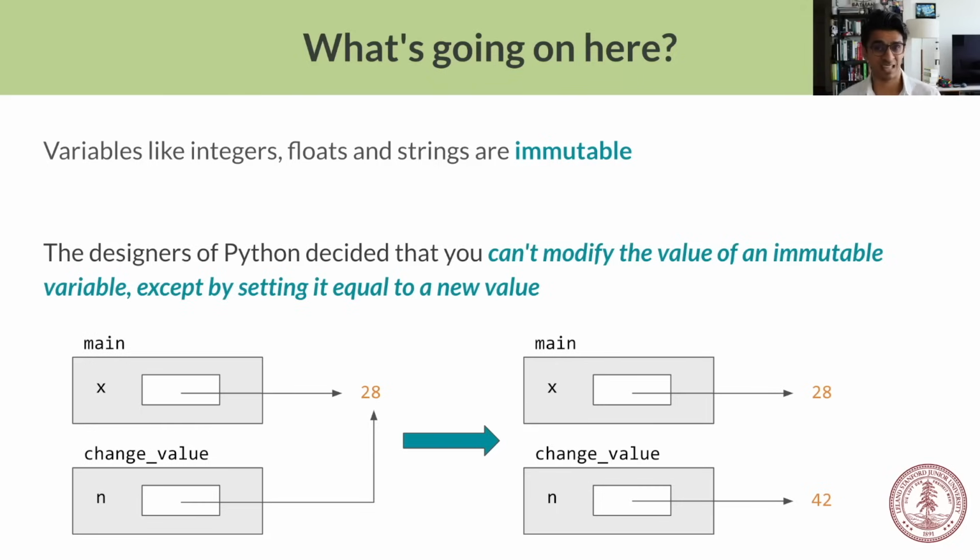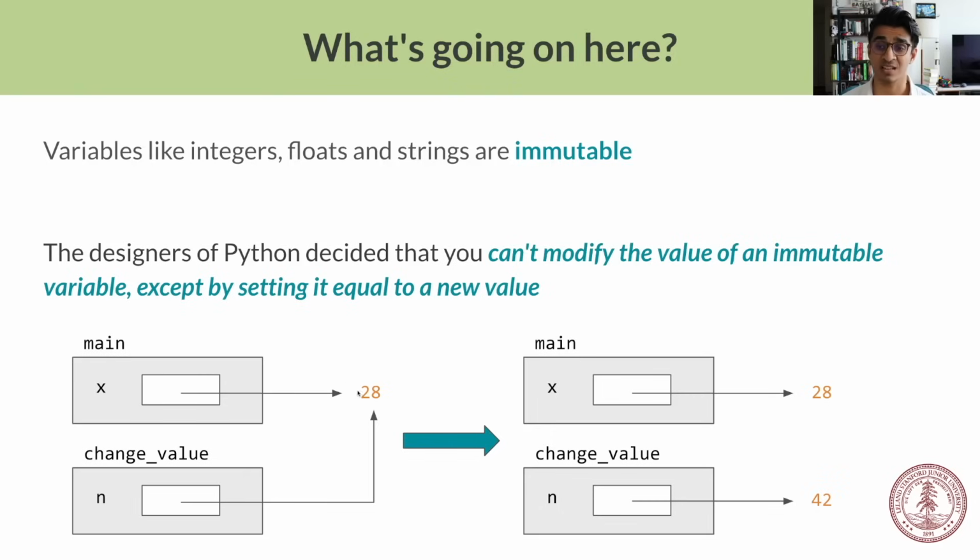Now, immutable is kind of a scary looking word, but really the root of this word is mutate, which means to change. And the idea over here is that when the Python language was first designed, the people designing the language made the decision that integers, floats, and strings cannot be changed.